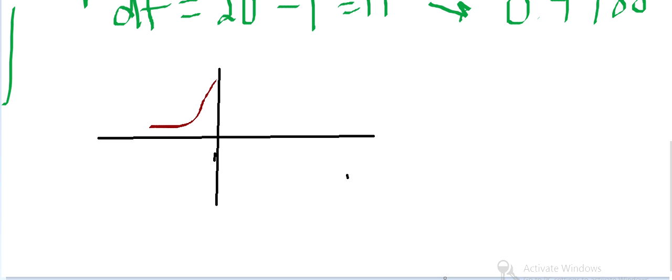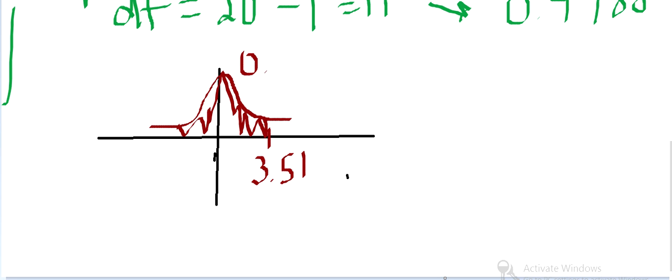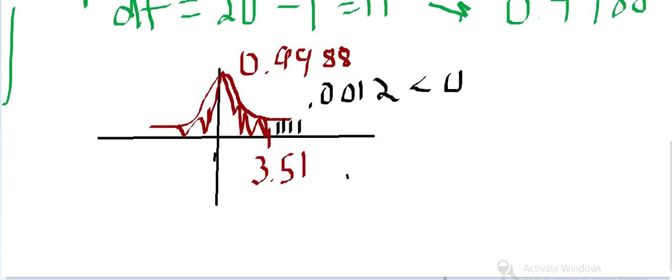It's got a bell curve, and then 3.51 is out here, and that's telling us this area is 0.9988, and then our p-value, since we're doing a one-tailed test, that's going to be 1 minus that, so 0.0012, and that's less than the level of significance.